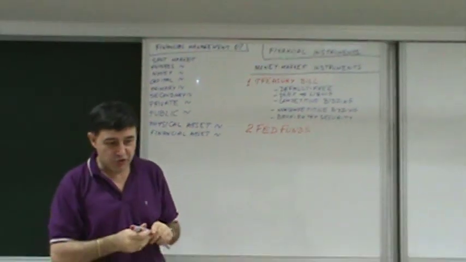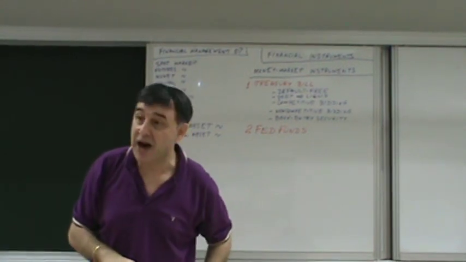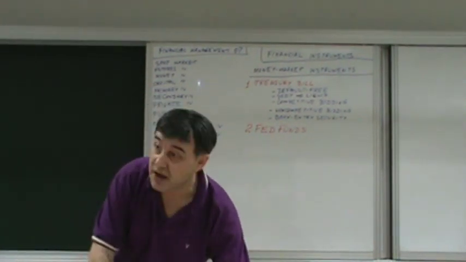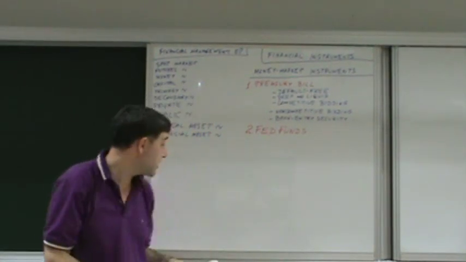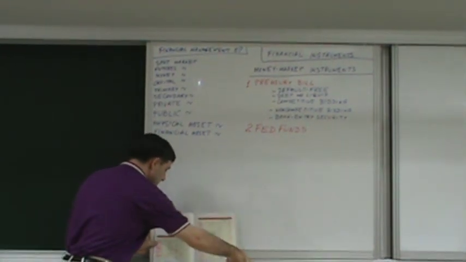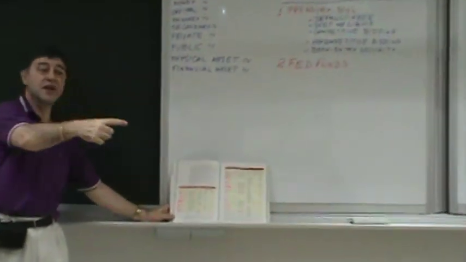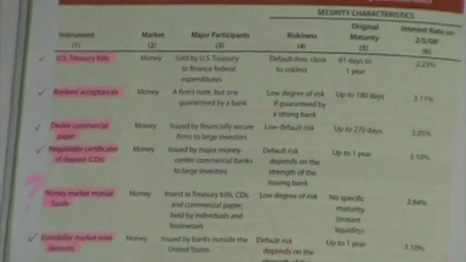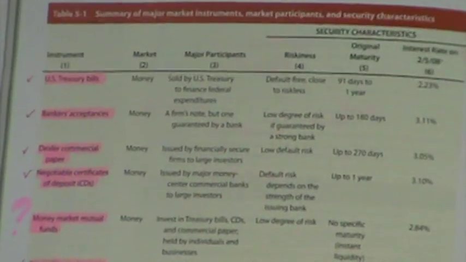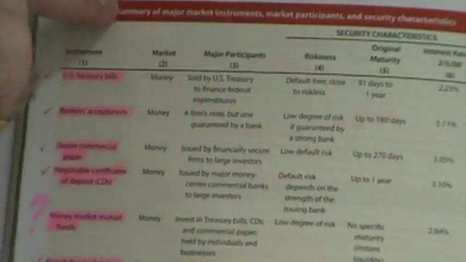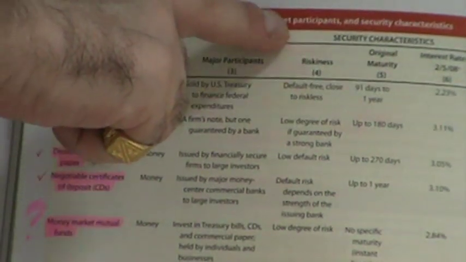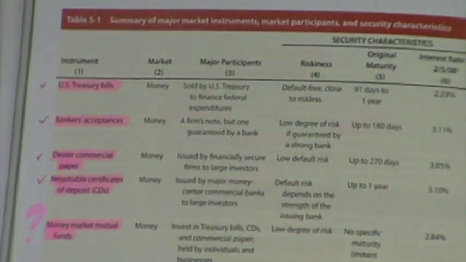All right, let me try to avoid confusion. In case you have textbooks, maybe let's try this little Sony camera and try, Zach, to zoom in real well and real nice. You can open on page 126. You have a nice, short, sweet little table over here. Table 5.1 says, summary of major market instruments, market participants, and security characteristics.